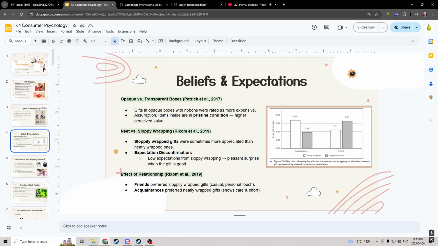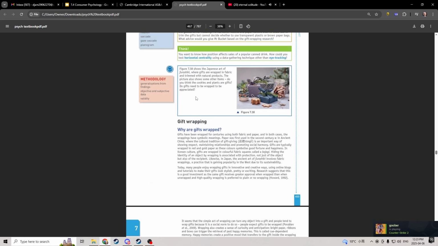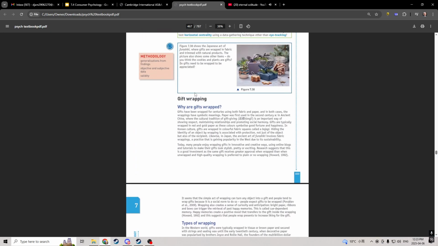These are the different types, actually. So, gifts in opaque boxes with ribbons are rated as more expensive. Not sure how necessary some of this stuff is, so it's hard to tell.